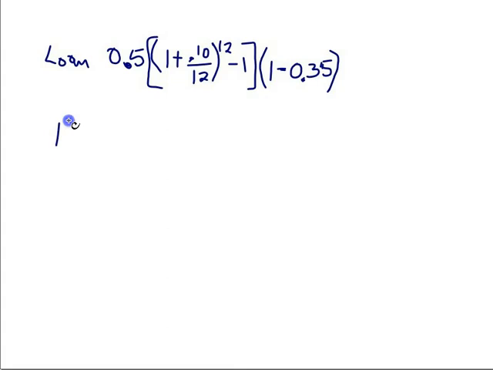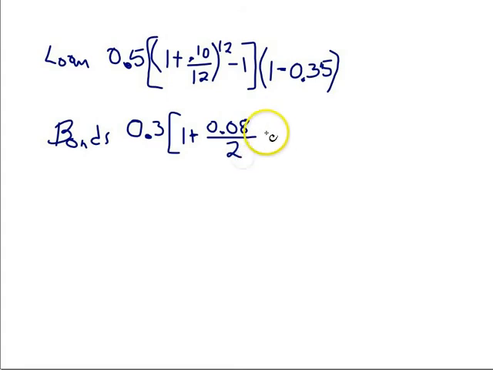Continuing with the example, we have bonds, and the contribution of the bond is 30%, 3 million out of 10. And now we have the effective interest rate for the bond. The bond rate is computed as 8%, but we're paying this every 6 months, twice per year.